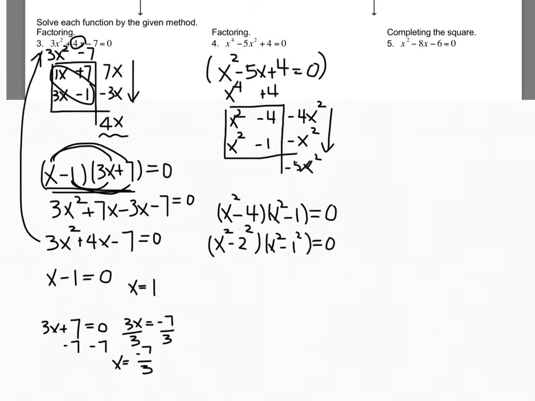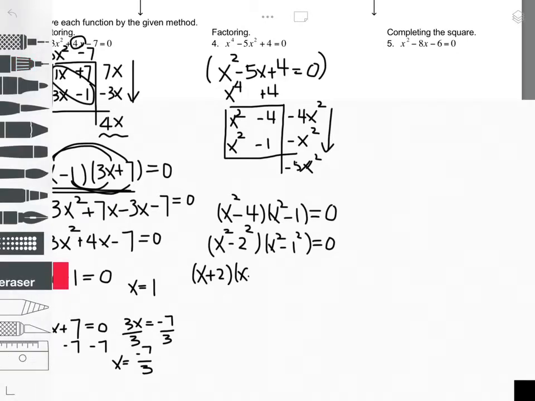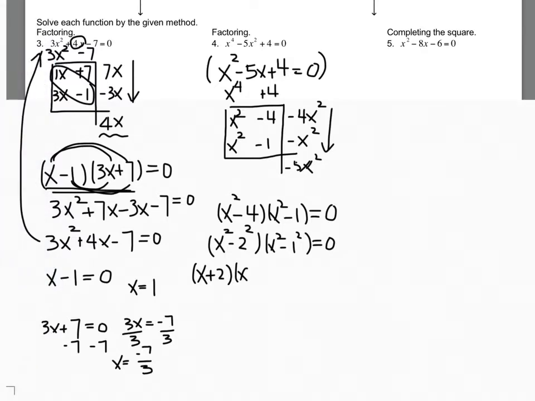And what is the factored form of a squared minus b squared? It's going to turn out to be a plus b times a minus b.